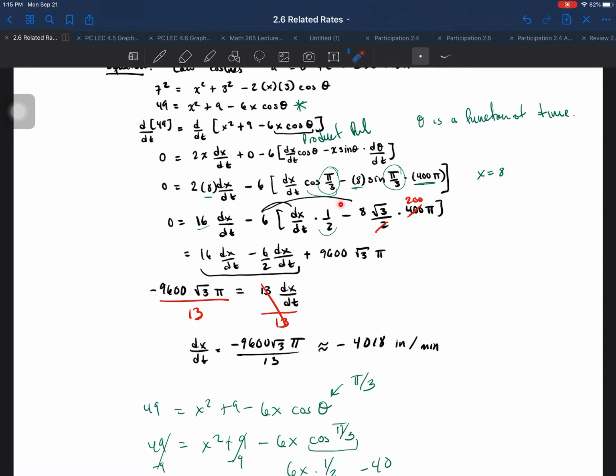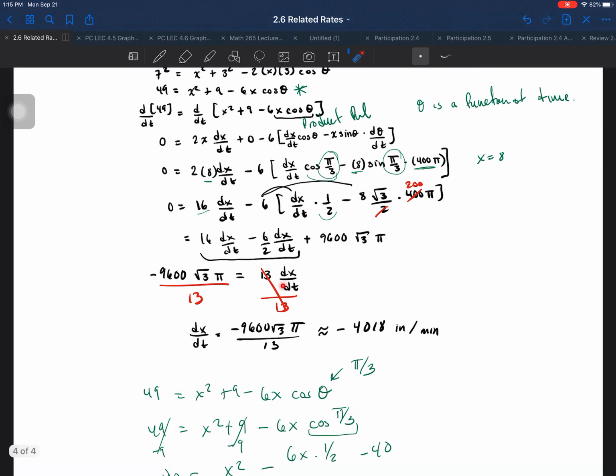So we see that we distribute this negative 6, and that's how we got negative 6 over 2 dx dt. Plus, because negative times negative becomes positive, 6 times 8 times the square root of 3 times 200 pi will give us about 9600 square root of 3 pi. Factor the dx dt. Actually, we can simplify these two by using a common denominator.